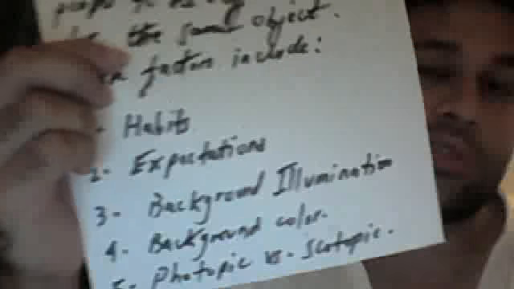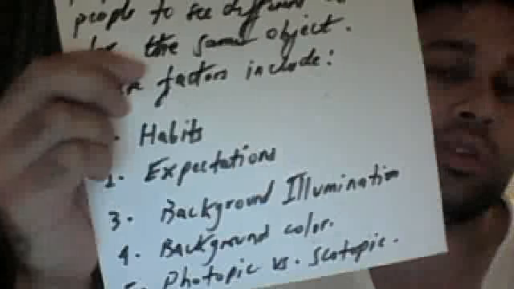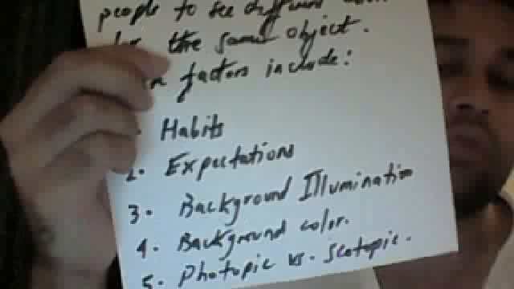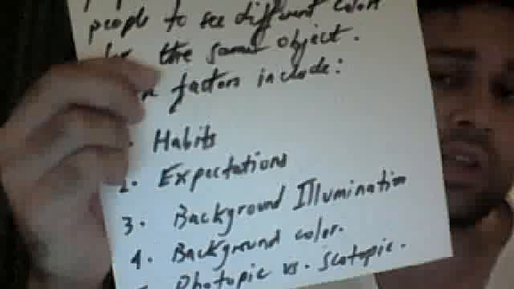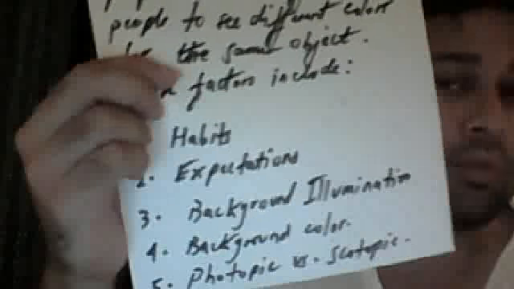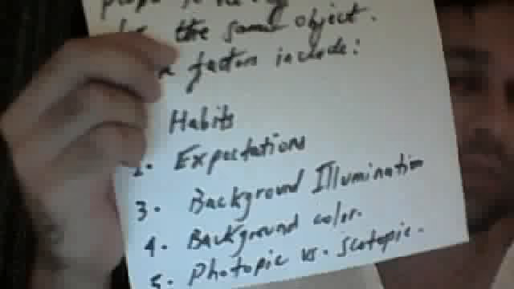Background illumination is another factor as well. The illumination falling on the object that we're looking at can also change the color of what we see. So different people with different background illumination could see the color of the object as different. Background color, so the colors that the object is next to or surrounded by, can also affect the perception of that color.